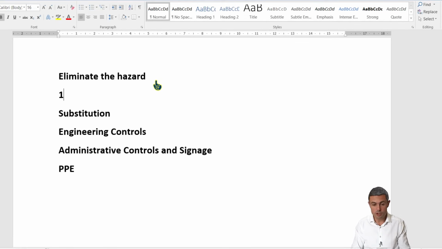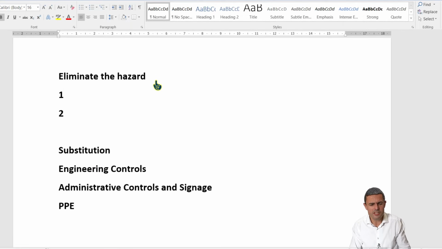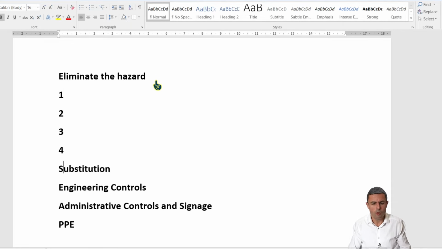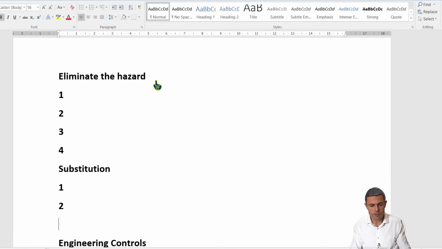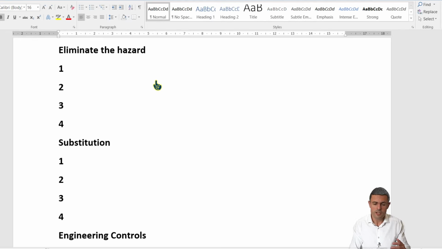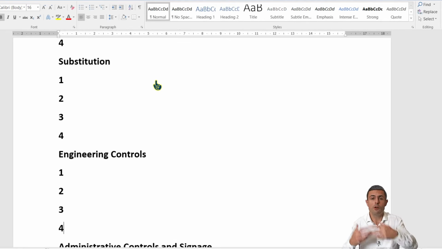And you want to then be giving 15, 16, 17 comments on all of these. So you might have 3 or 4 for elimination, you might have a number for substitution, you might have some things you can say around the engineering controls and so on. Here are things you could do, and this is where it fits in the hierarchy. I think you're going to get marks for putting things in the right place in the hierarchy.